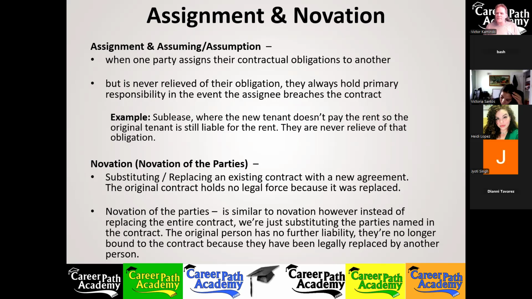That's called novation of the parties. So novation is substituting one contract for another, where the old contract is no longer valid. It was novated, replaced by another one. Or, with novation of the parties, we're formally keeping the same contract in place and just replacing the person named in the contract.